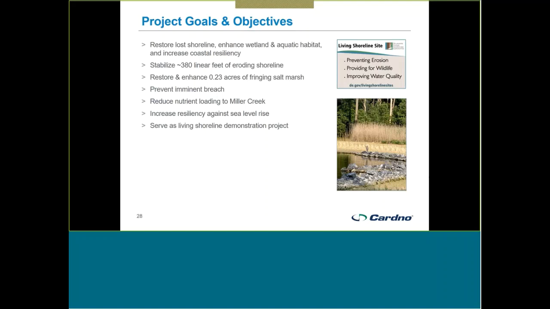In the process, we created about a quarter acre of fringing salt marsh. Some of that was reclaiming and restoring marsh that had been completely lost. The overriding objective was to prevent this imminent breach and the continued erosion of this earthen berm separating the creek and the freshwater impoundment. And along the way, we reduced the nutrient loading by keeping soil on the bank rather than in the estuary.